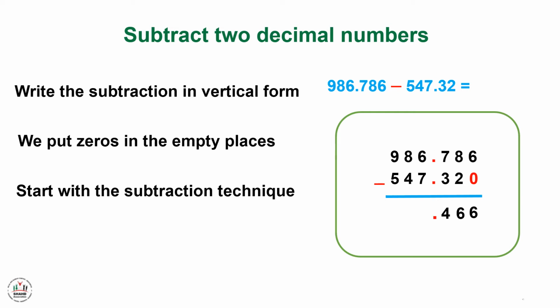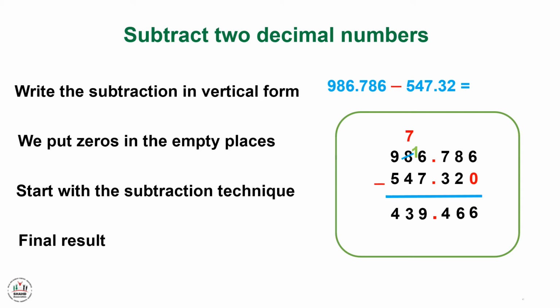We put point. Done. 6 minus 7, 6 is smaller than 7, so we take 1 from 8, 7, 16. 16 minus 7 gives me 9, 7 minus 4 gives me 3, and 9 minus 5 gives me 4.